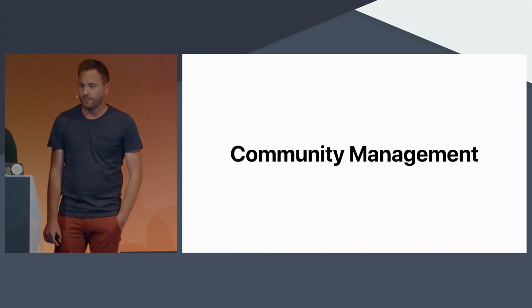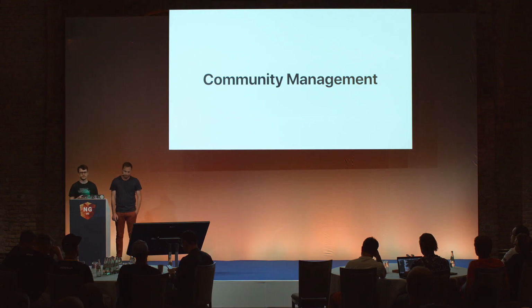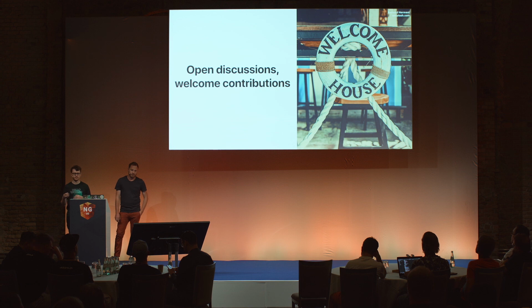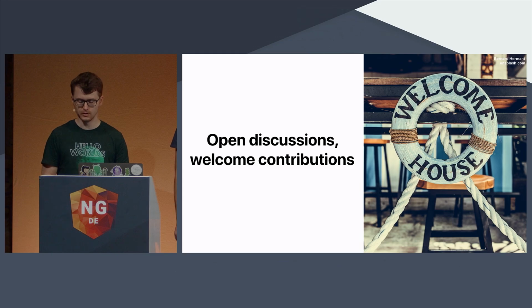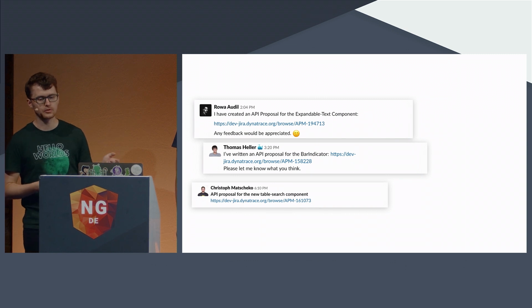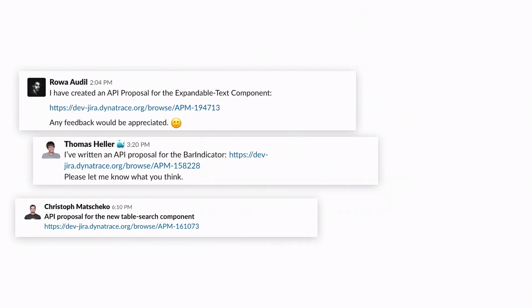Another key aspect of building your own component library is actually community management. For us, this means that we try to be as transparent as possible in all of what we do. So we are having open discussions about API proposals for new components or changing APIs in our Slack channels.